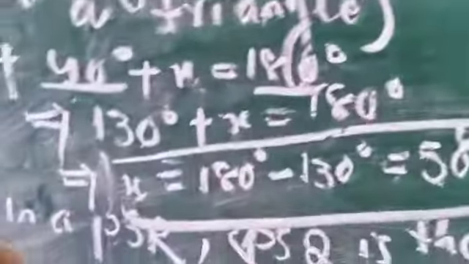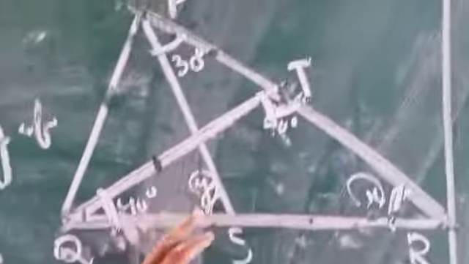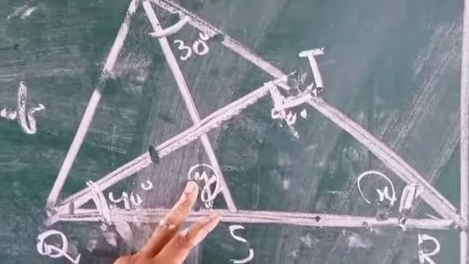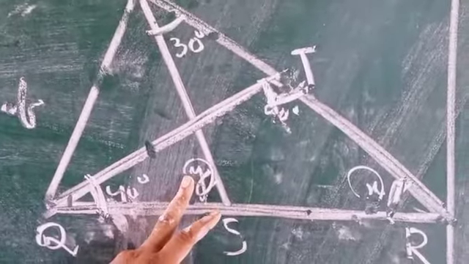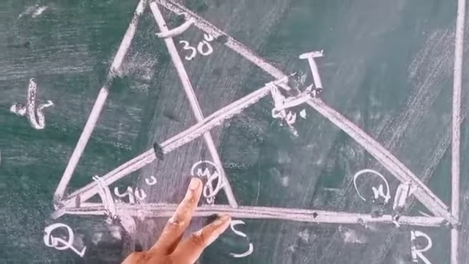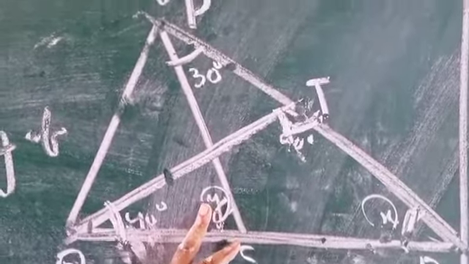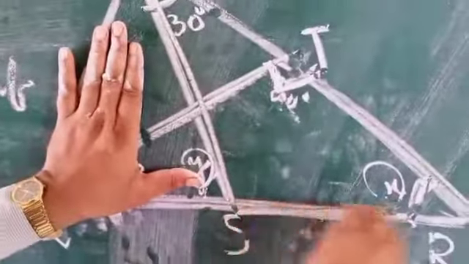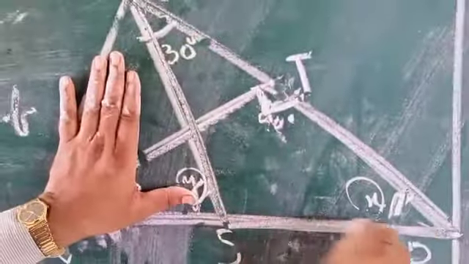Now to find Y. Where is Y? You see the figure here, Y is this one. So again I will use a theorem. Which theorem? The exterior angle of a triangle is equal to the sum of two interior opposite angles. Now you see, this is a triangle, PSR. Is this a triangle or not? PSR is a triangle.